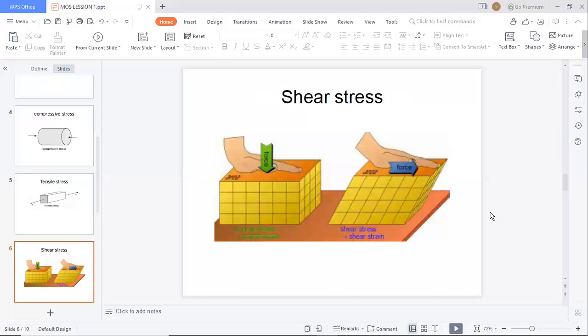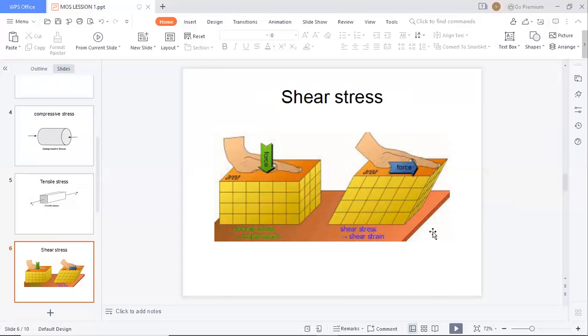All right. So what is meant by shear stress? Shear stress is nothing but the shear force by the area. That is called shear stress. See this diagram: a particular body or structure. We provide the force, and the body will be deformed like this.